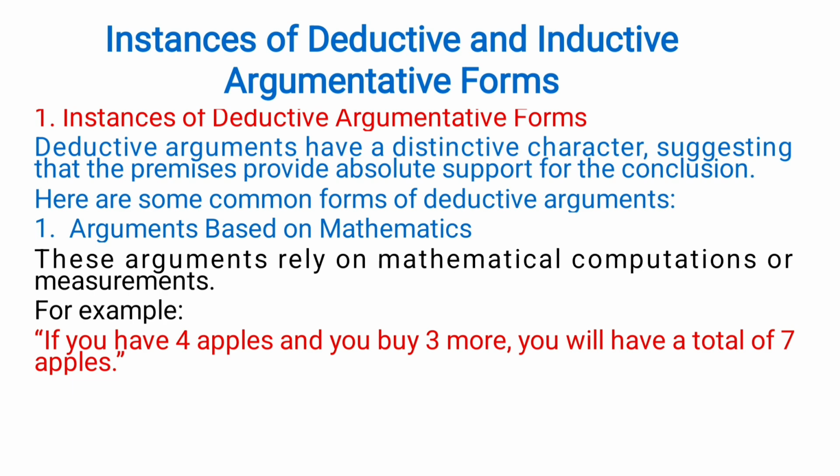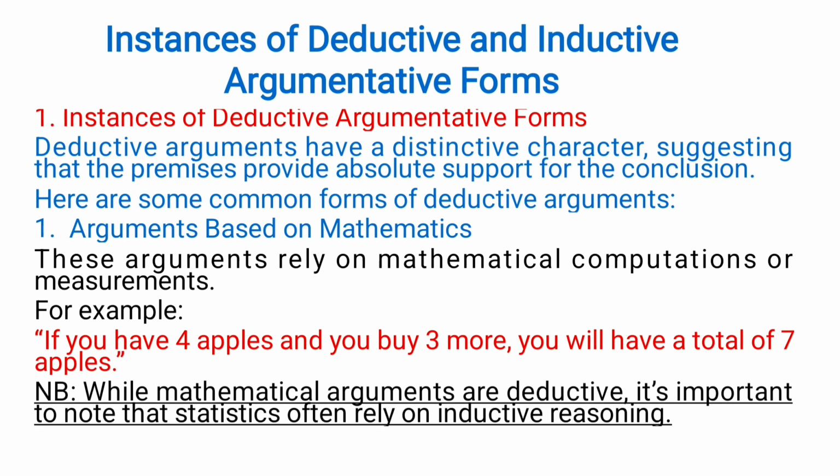And if we hold the premises are true, the conclusion cannot be false. However, you should not forget this: while mathematical arguments are deductive, it is important to know that statistics often rely on inductive reasoning.